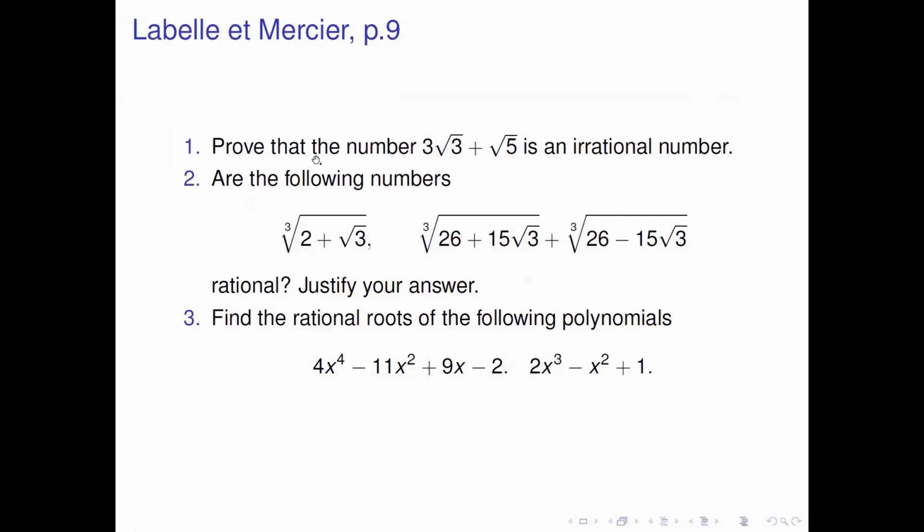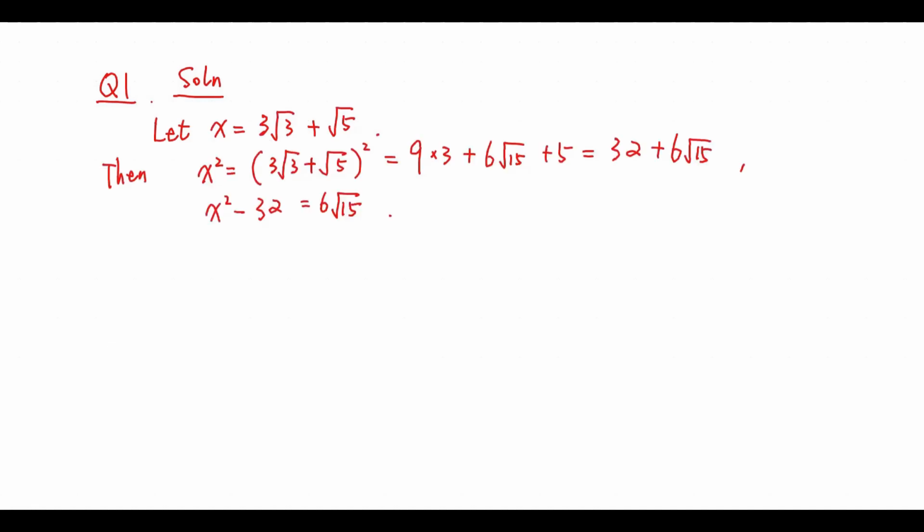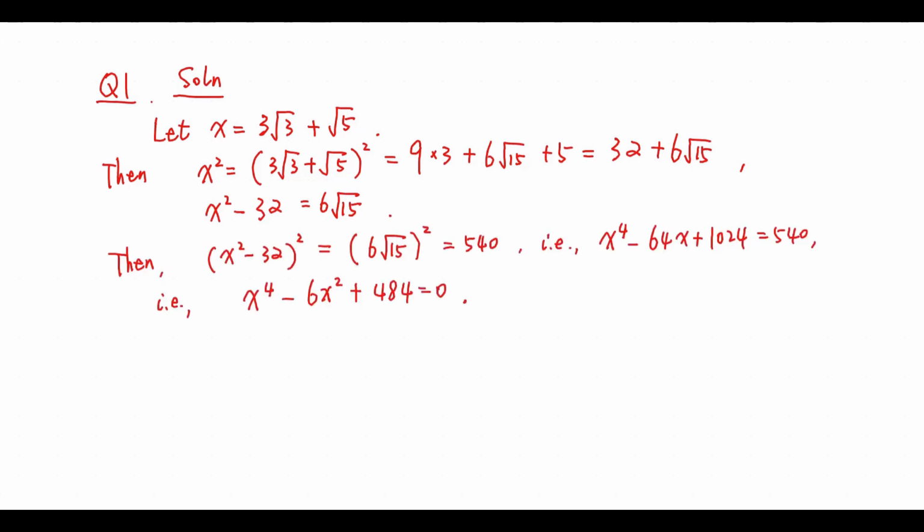Question 1. Prove this number is an irrational number. Solution. Let x be this number. Then we have this equation. Then we get this equation.